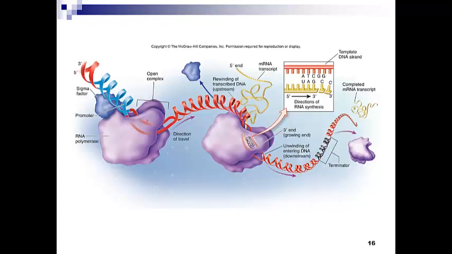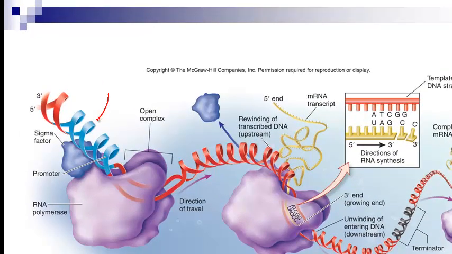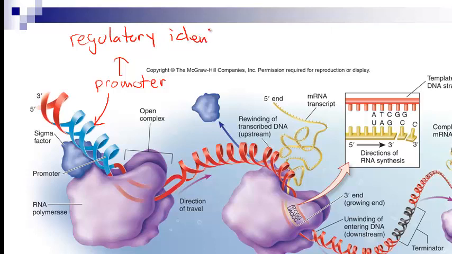So let's look at this. I know this is busy, but we'll try to break it up into parts. In blue here is a promoter region. The promoter is part of the regulatory region that identifies the 5' end of a gene.